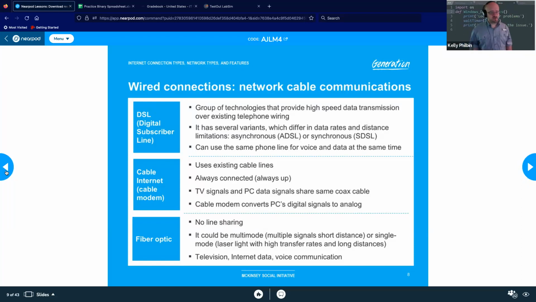This is not the way normal consumers utilize the internet, right? How much are you upstreaming? Typically not much. The vast majority of people are bringing information down to them. So they need what's called asynchronous, which is going to give you a lopsided bandwidth. It's typically 80% coming downstream, 20% upstream.